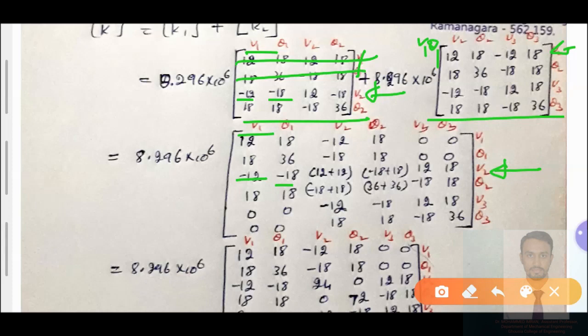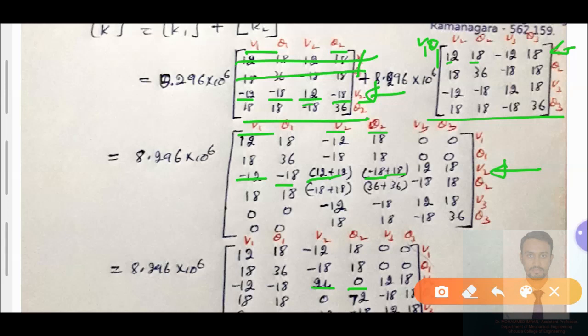Similarly V2 value, we need to get that. In this matrix it is 12, and similarly in the second matrix we have 12, so 12 plus 12 is equal to 24. Similarly V2 theta 2 value we need to get. Here we have minus 18, and again here V2 theta 2 plus 18, so minus 18 plus 18 is equal to 0.